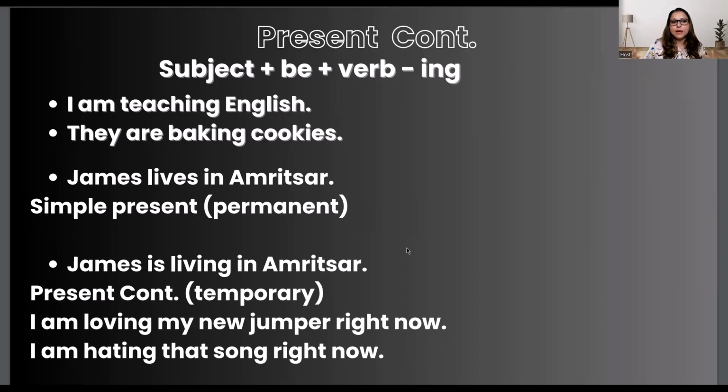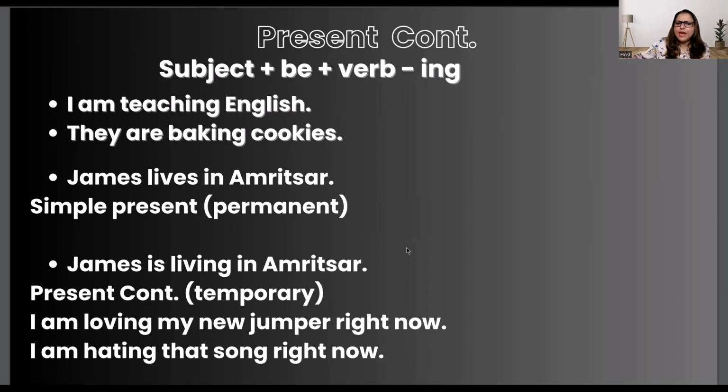For example, I'm loving my new jumper right now. It means that right now, in that moment, I'm loving it. That is a temporary state. Maybe after a month, I won't like my shirt that much as I'm loving it in this moment.